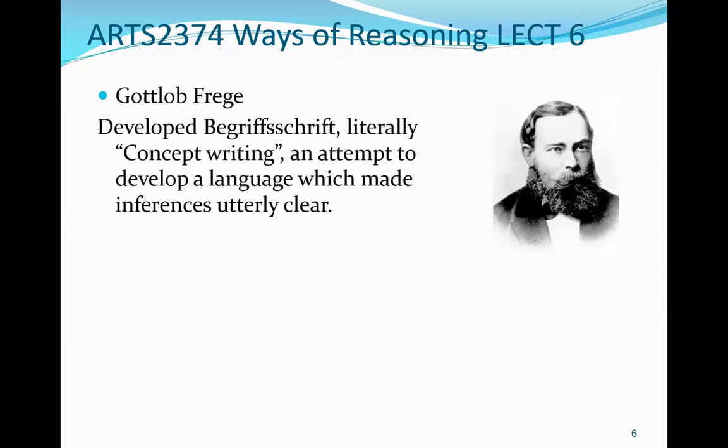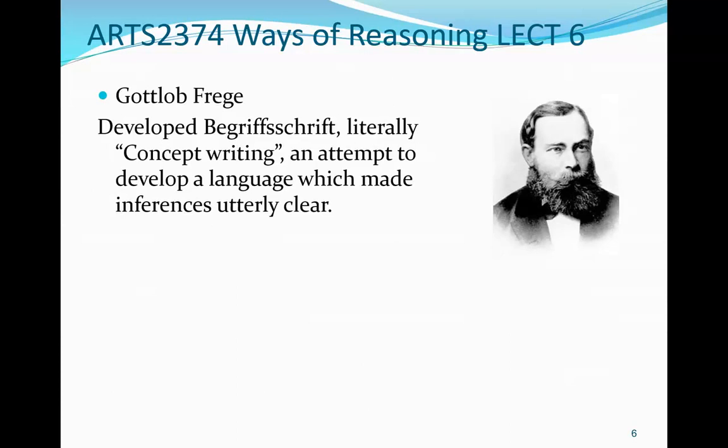So he developed what he called the Begriffsschrift. Begriffsschrift literally means concept writing: Begriff is concept, Schrift is the writing. And it's an attempt to develop a language which made inferences really clear.